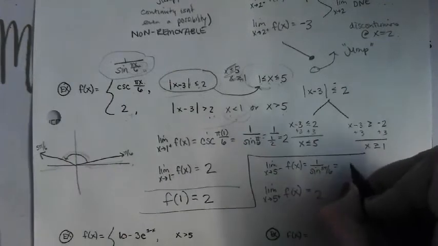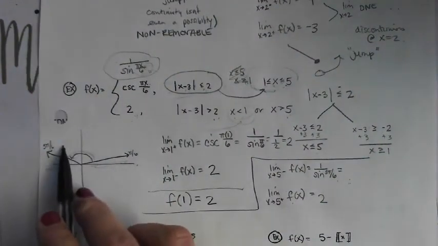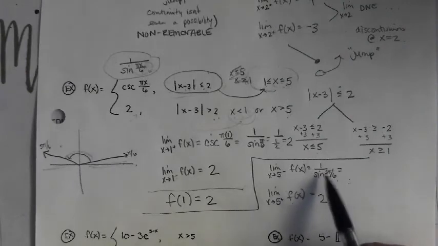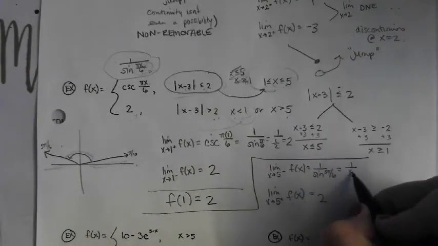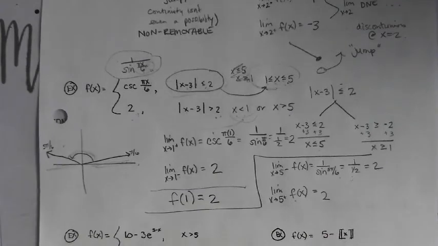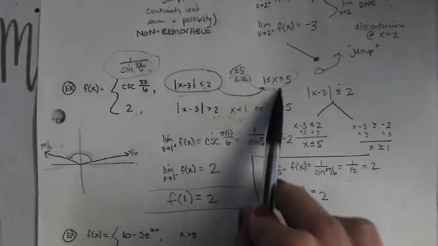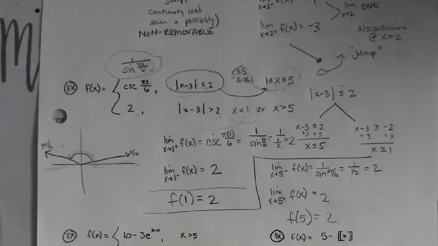Still 1 divided by a half because we're in the second quadrant. Sine is still positive there. Reference angle is pi over 6, so it's still a positive 1/2 denominator. Still 2. And then f of 5, still 2. We already evaluated that in the first equation. So this thing has no points of discontinuity. It's continuous everywhere.